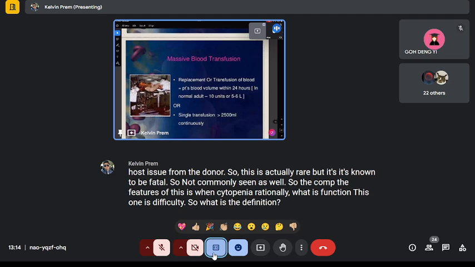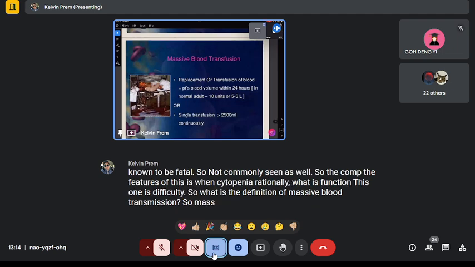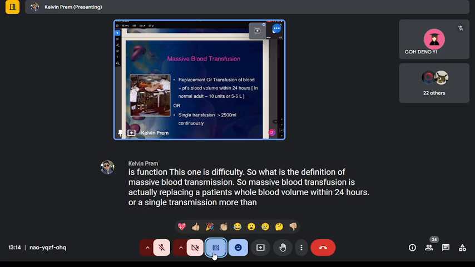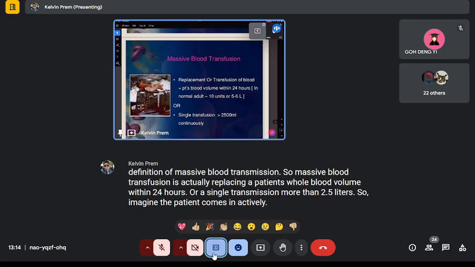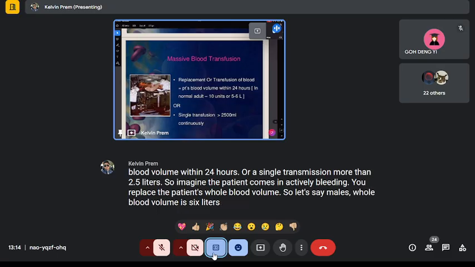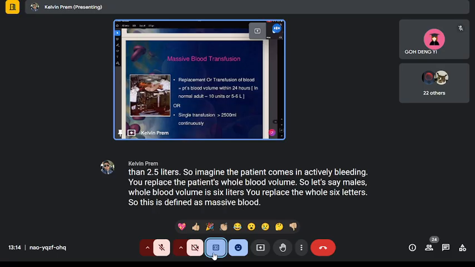So what is the definition of massive blood transfusion? Massive blood transfusion is replacing a patient's whole blood volume within 24 hours, or a single transfusion of more than 2.5 liters. So imagine the patient comes in actively bleeding, and you replace the whole blood volume. Let's say a male's whole blood volume is 6 liters, you replace the whole 6 liters. So this is defined as massive blood transfusion.